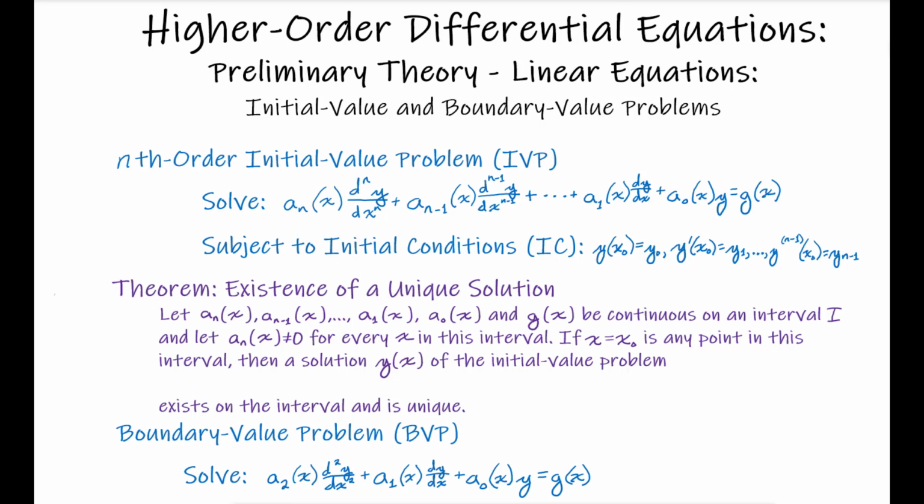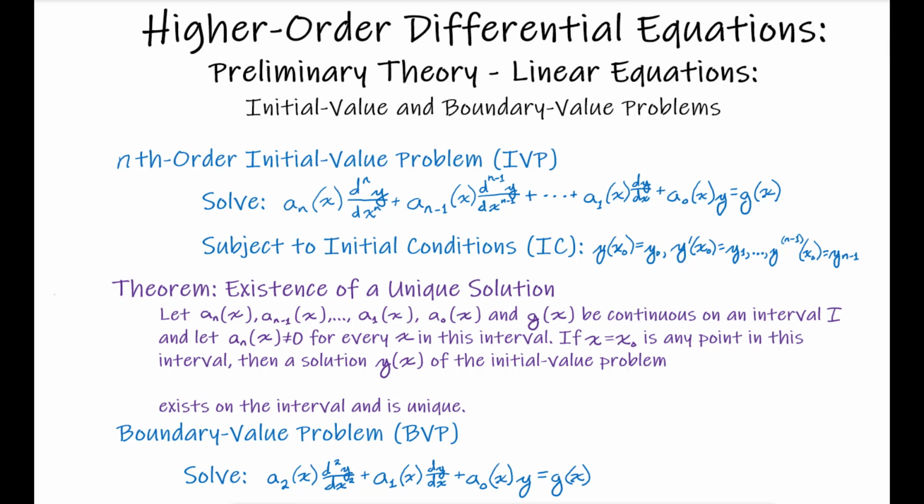An nth order initial value problem, or IVP, looks like a differential equation where we have some function of x, we'll call it a sub n of x, times the nth derivative of y with respect to x, plus some other function, maybe the same function or a different one, a sub n minus 1 of x, times the n minus first derivative of y with respect to x.